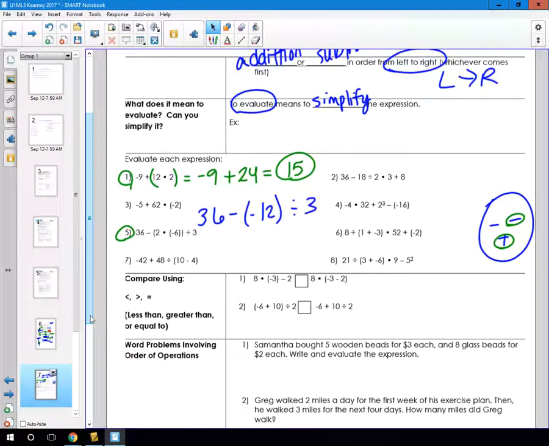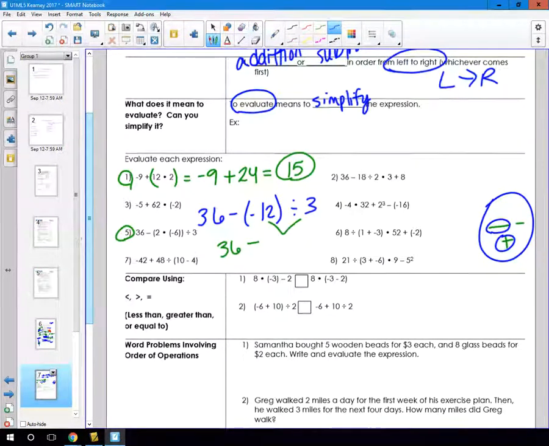Okay, then order of operations. Do we subtract first or do we divide next? We're going to divide. So we're going to bring down 36 minus. And now negative 12 divided by positive 3. So use your integer man again. Negative 12 divided by positive 3 is negative 4.